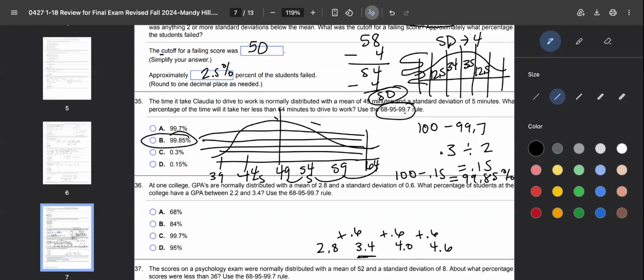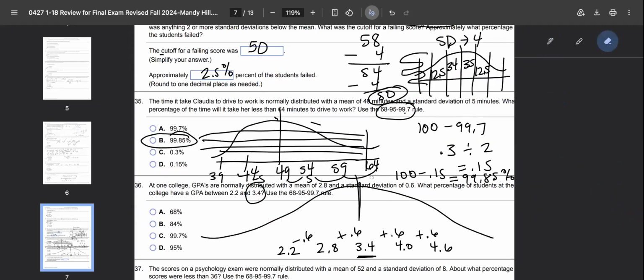And you can see where it's talking about 3.4 right here. So if we go backwards, we're going to subtract 0.6. We would be at 2.2. And so we really want to know, so here's our curve. Here's the mean. Nope, the mean was at 2.8. Sorry, I did a bad job on that one.